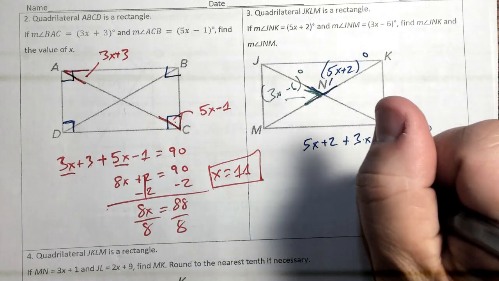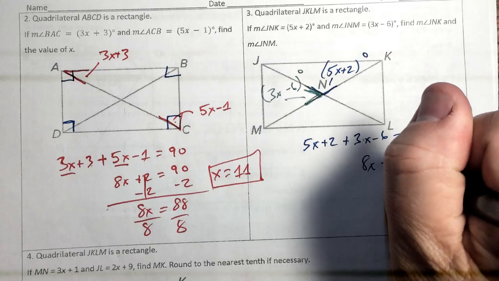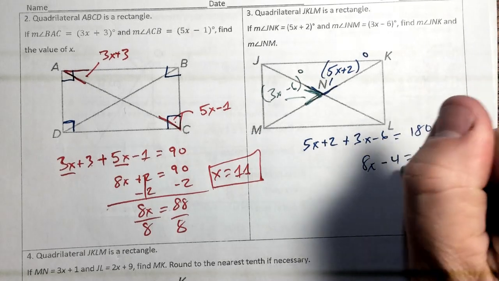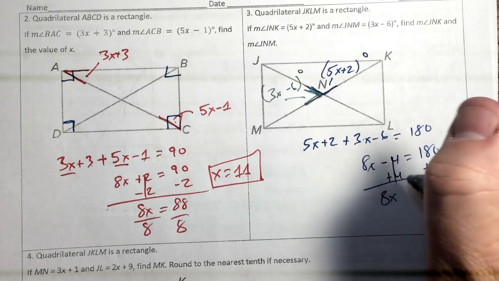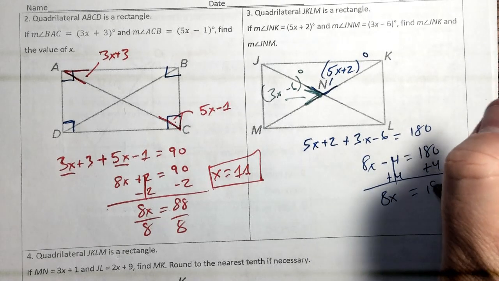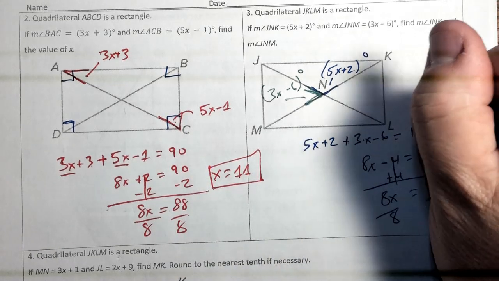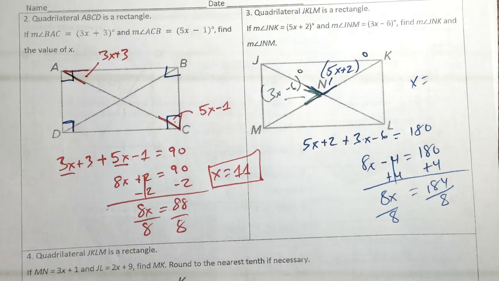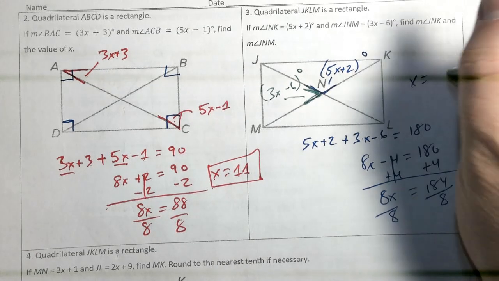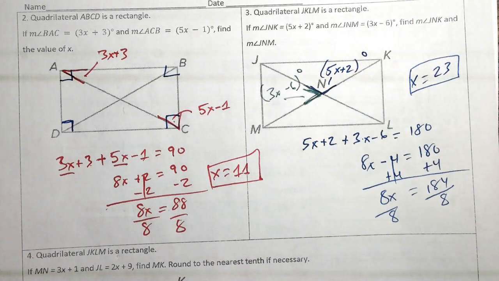So 5x and 3x make 8x. 2 minus 6 is negative 4. So we're going to add 4 to both sides. X equals, handy dandy, notes from earlier, 23. All right, so x equals 23.